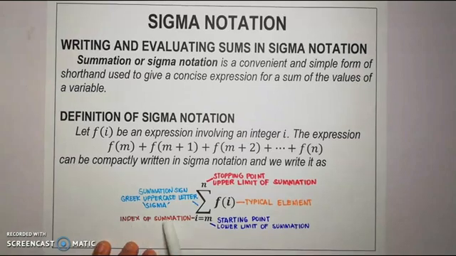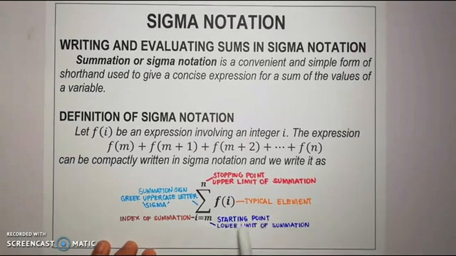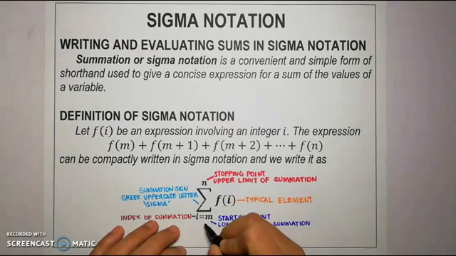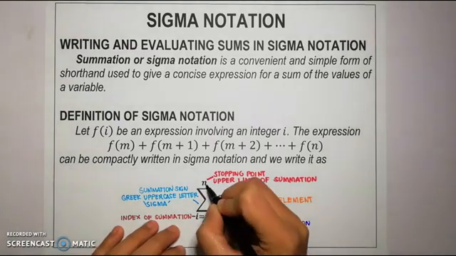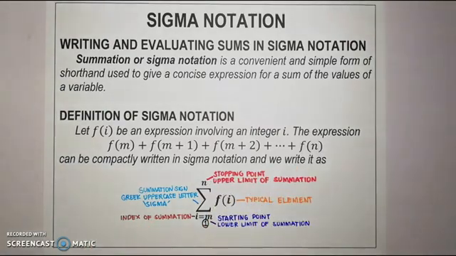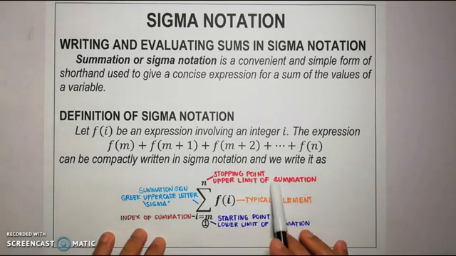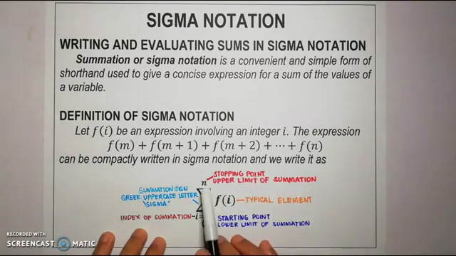The index of summation is the variable in the typical element, and the starting point is the lower limit of the summation, which is denoted as letter m. And more often, it starts with 1 until a certain number, and that is our stopping point or the upper limit of summation.